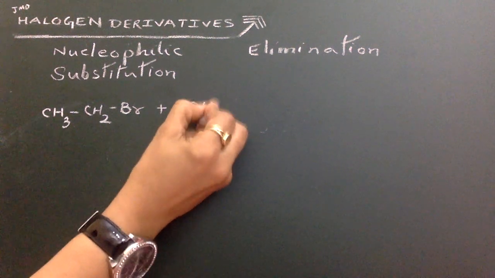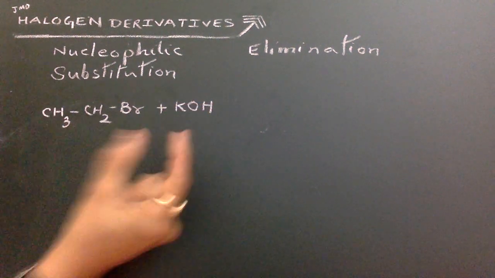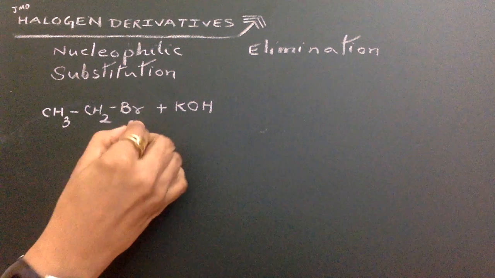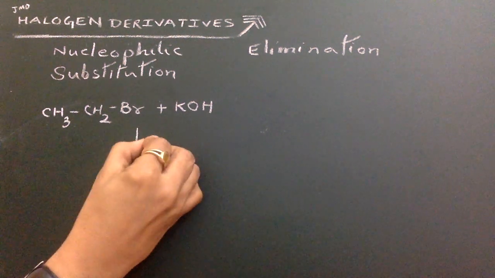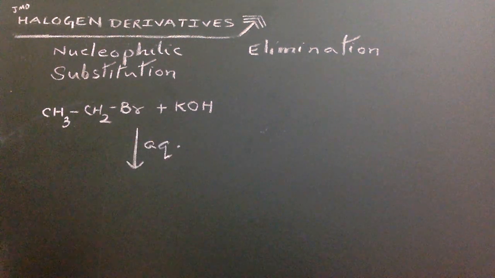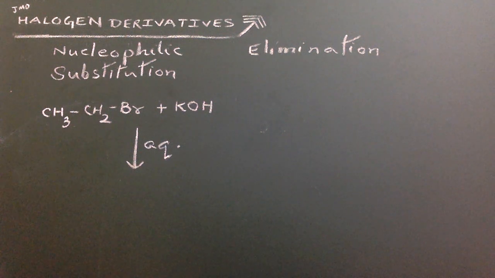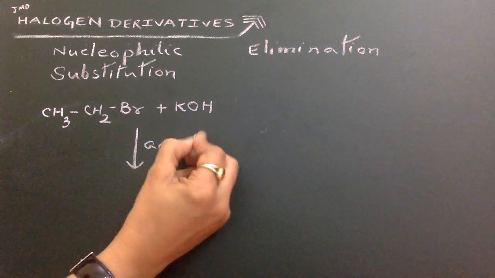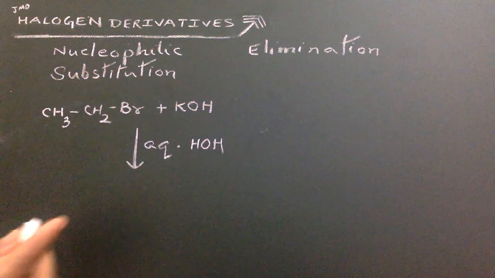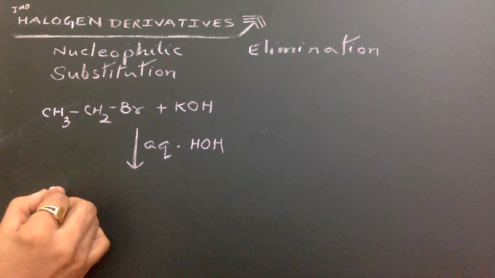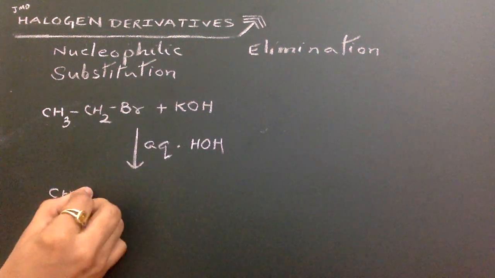This is the substrate and this is the reagent. And the solvent which I am using is an aqueous medium, that is, I am taking water as the solvent. Now in this reaction we will be getting ethyl alcohol.